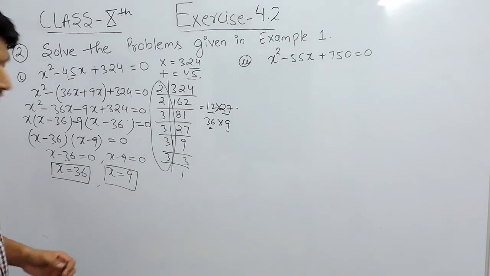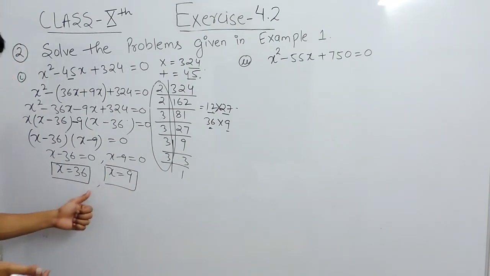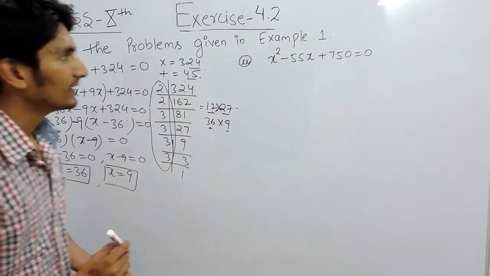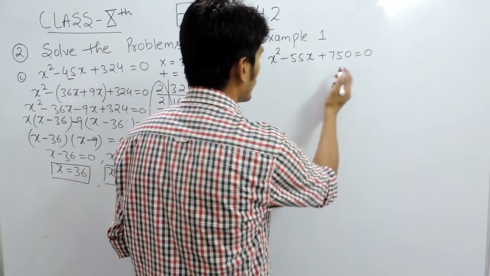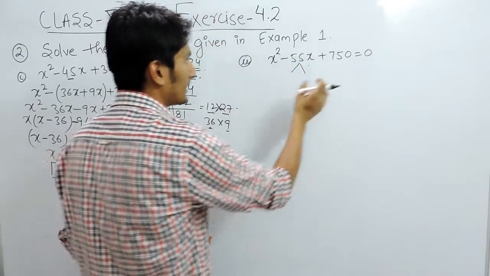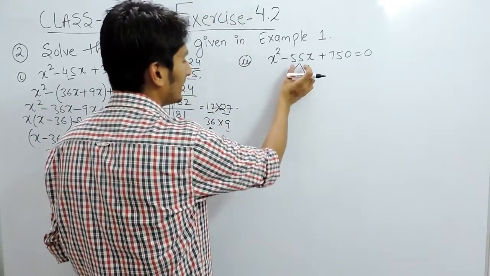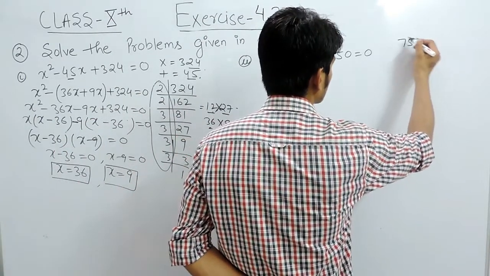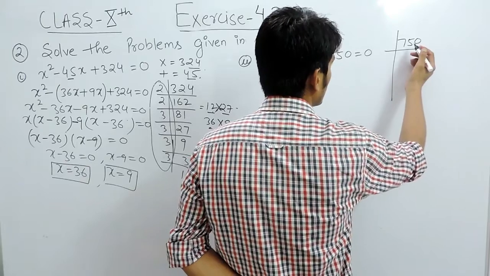You can confirm from your book what the question is. Similarly, in the second part you have to split this 55 into two terms so that their multiplication is 750 and their addition is 55. For that you have to factorize 750.